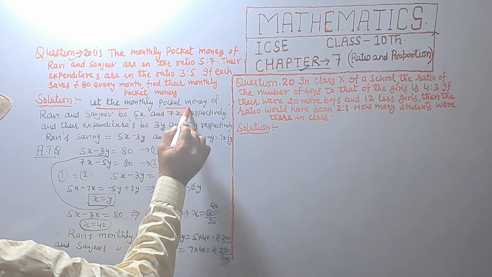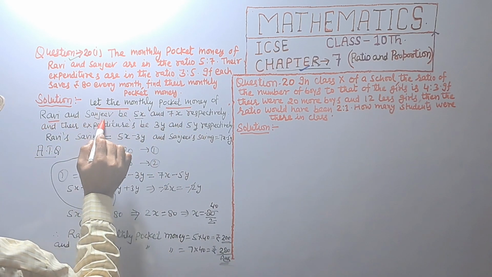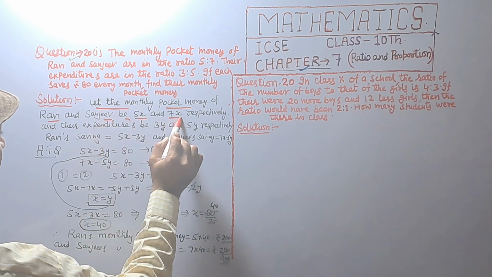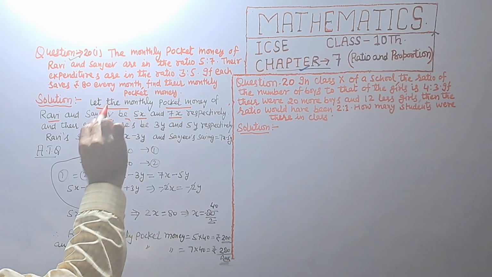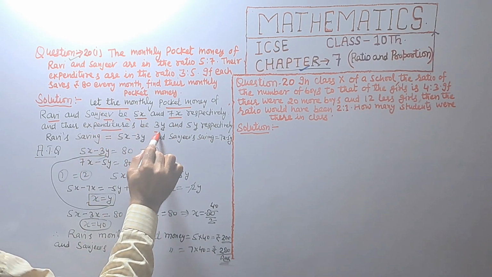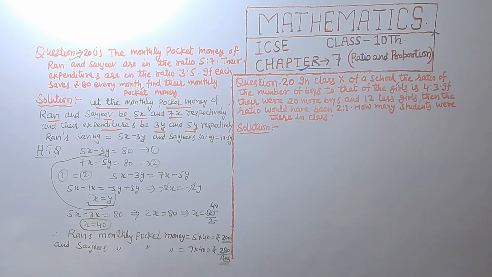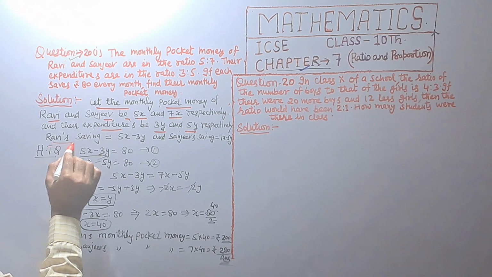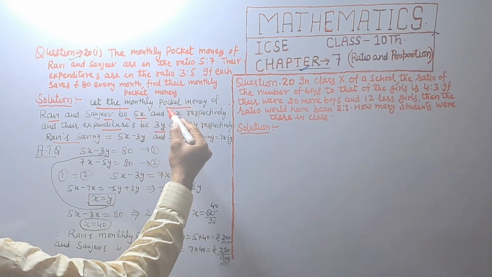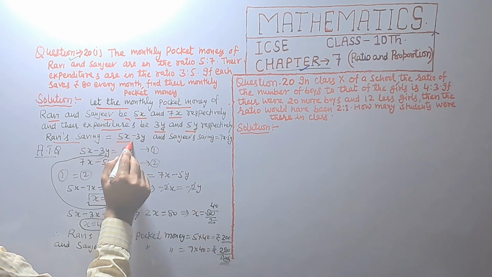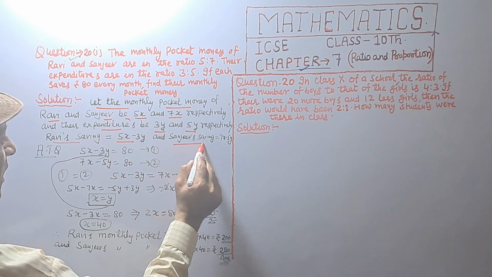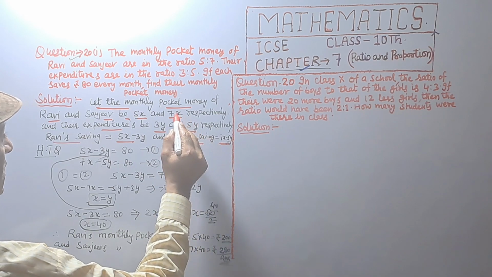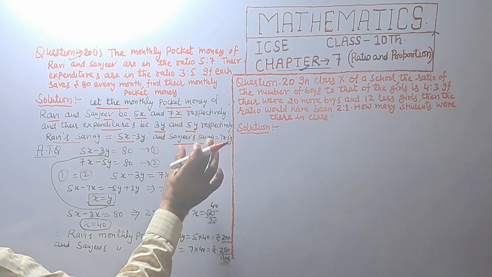Let the monthly pocket money of Rabi and Sanjeev be 5x and 7x respectively, and their expenditures be 3y and 5y respectively. Ravi's saving is equal to 5x minus 3y, and Sanjeev's saving is equal to 7x minus 5y.